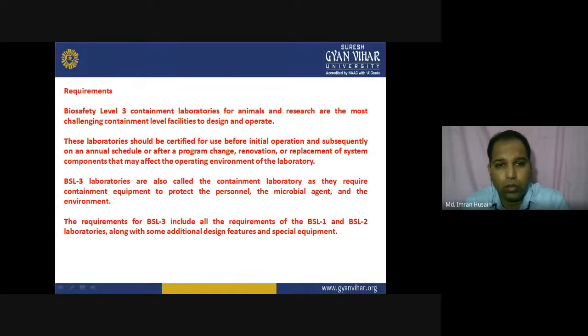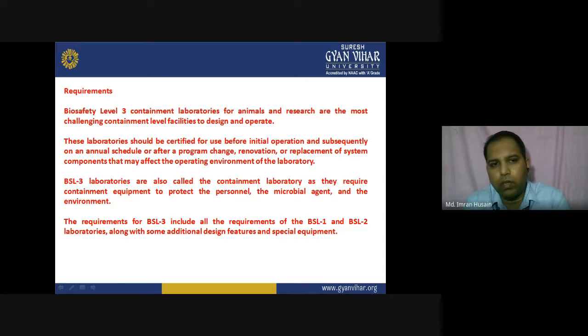These laboratories should be certified for use before initial operation, and subsequently on an annual schedule, and after a program change, renovation, or replacement of system components that may affect the operating environment of the laboratory. So after a certain duration of time, everything has to be examined, renovated, replaced, and serviced.